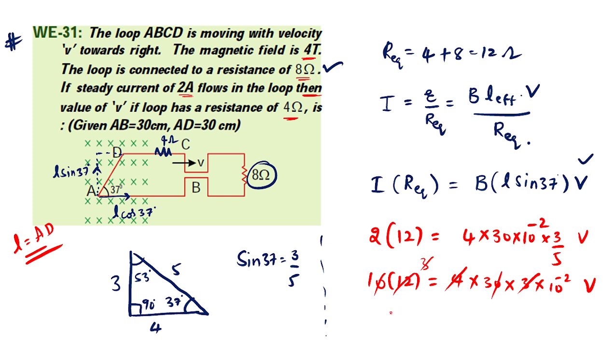So v is equal to 100 divided by 3. 100 divided by 3 is 33.33 volt, that will be the correct answer.